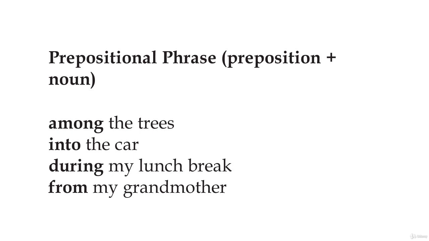So you can have a prepositional phrase, and that is just a preposition plus a noun. So, among the trees, into the car, during my lunch break, from my grandmother. See how these things describe the positional relationship between elements of a sentence.